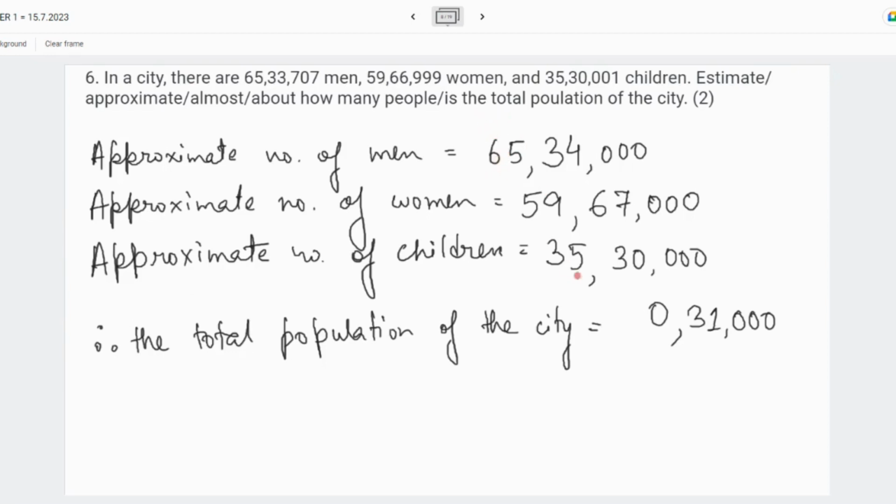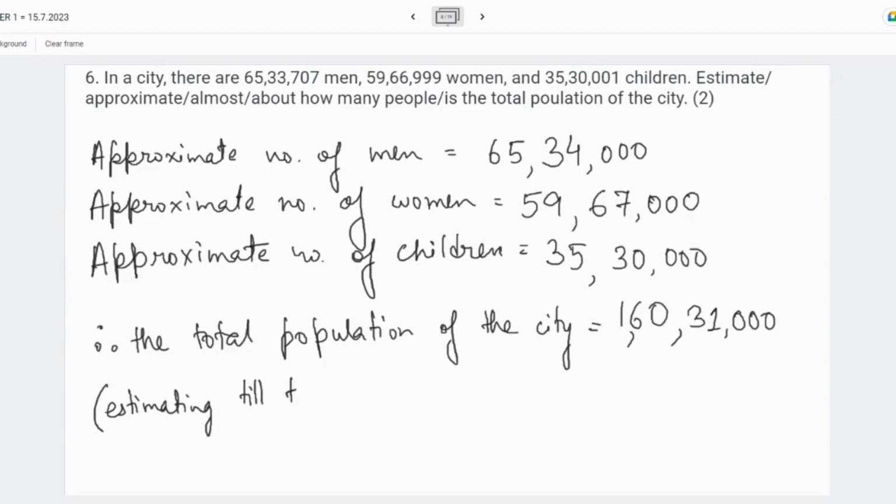I have carry over 2. 2 plus 6 is 8 and 5 plus 3 is 8, so 8 plus 8 is 16 again, so I get 1 crore 60 lakh 31,000.